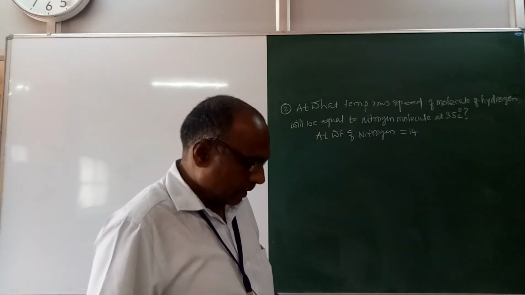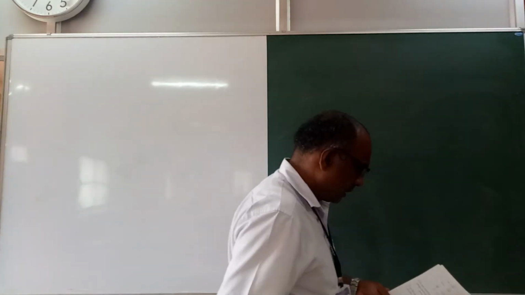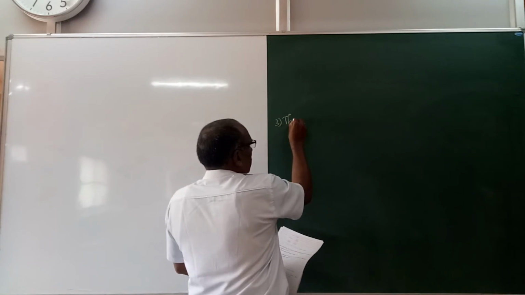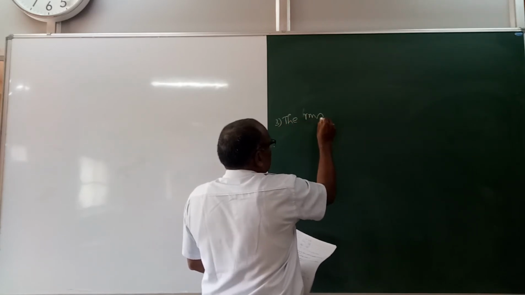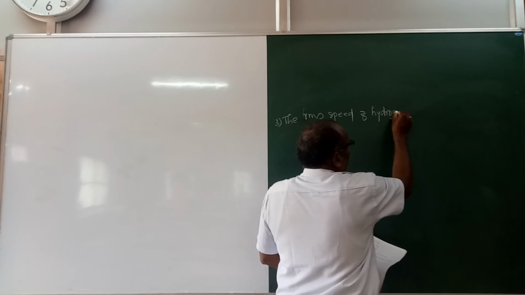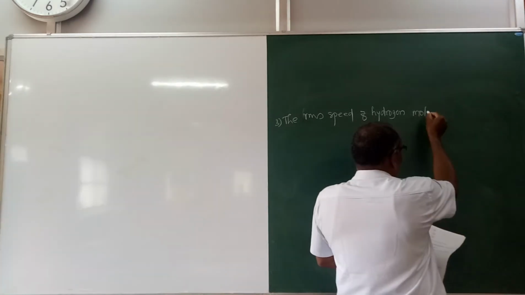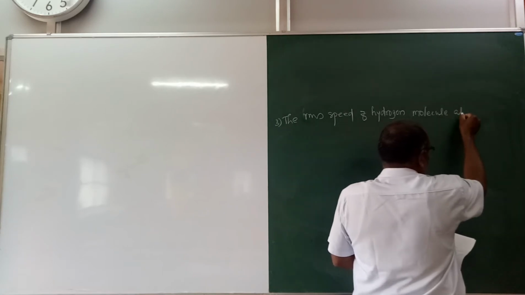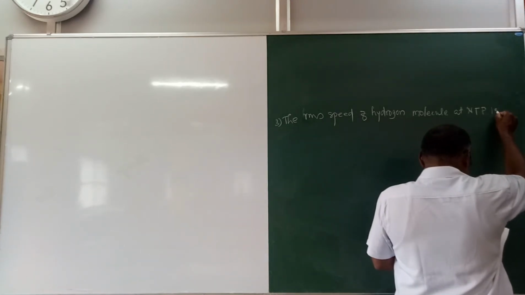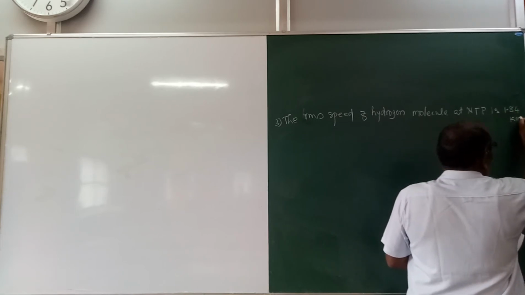Let me go for another problem here. The third problem: the RMS speed of a hydrogen molecule at NTP, normal temperature and pressure, is 1.84 kilometer per second.